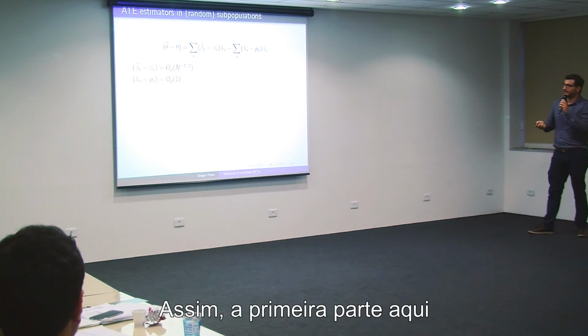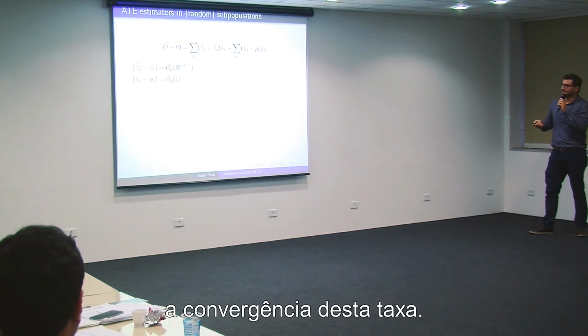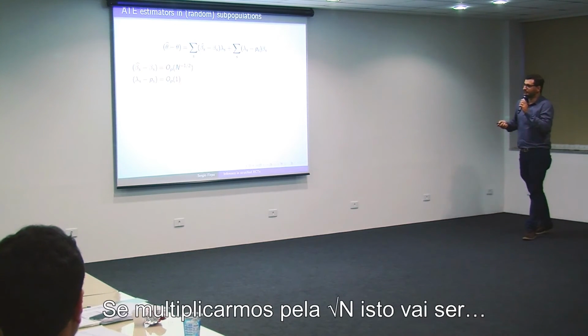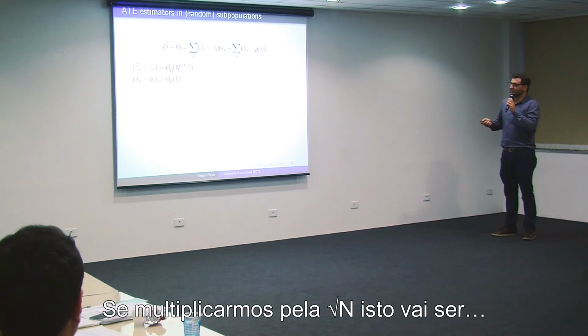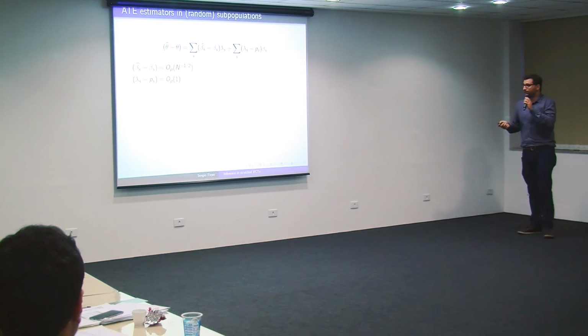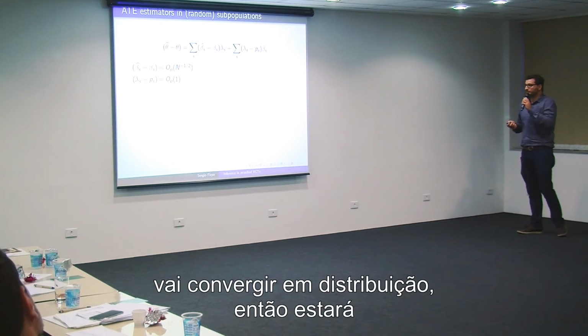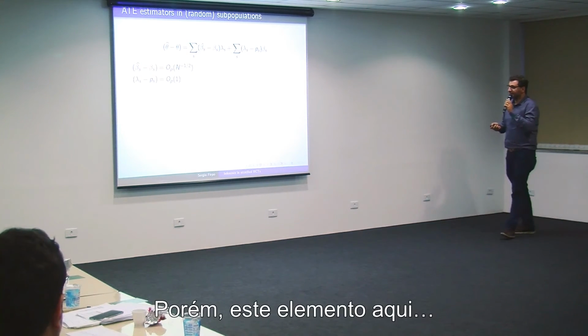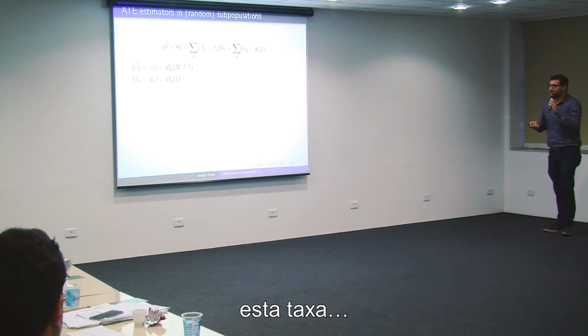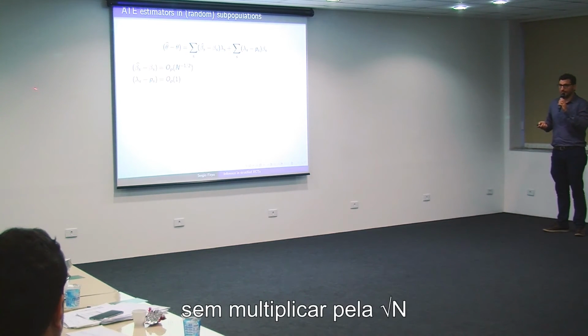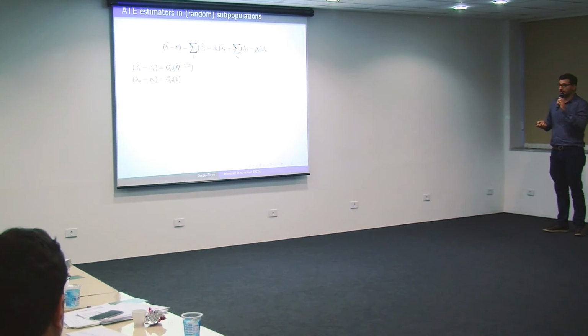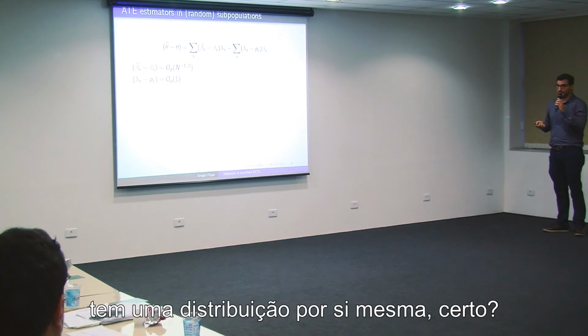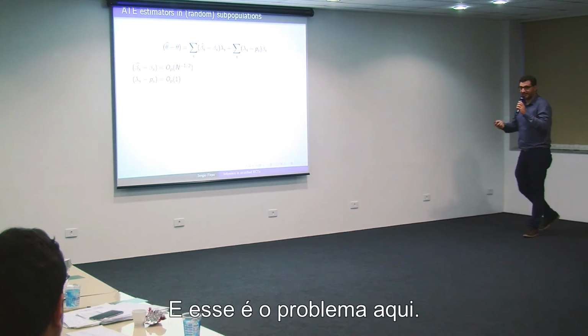The first part here converges at this rate. If you multiply by square root of n, it's going to converge in distribution, so it's going to be limited in probability. But this thing here, at this rate, without multiplying by square root of n, has a distribution itself, and that's the problem here.